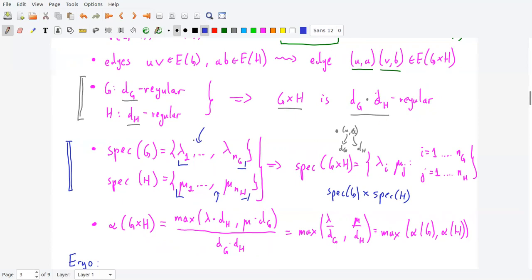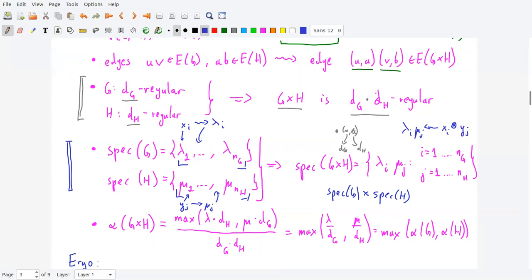And it is quite easy to see this, because if I have a vector, say xi, corresponding to the eigenvalue lambda i, and yj is the eigenvector that corresponds to the eigenvalue mu j, then the eigenvector corresponding to lambda i times mu j is the eigenvector xi tensor yj.